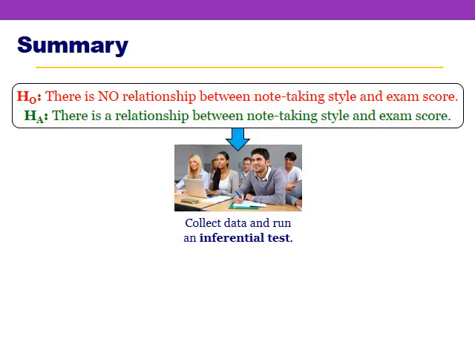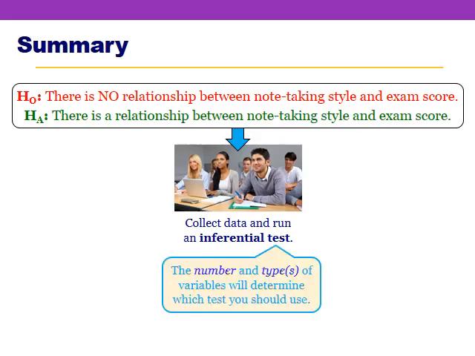Now, what we're going to do for the rest of the semester is learn a bunch of different inferential tests. But the reason that today's video is so important is that all of those tests that we're going to learn from here on out, and we're going to learn like 8 or 9 different ones, they all fundamentally work the same way. They all follow the same process that we've been talking about in this video.